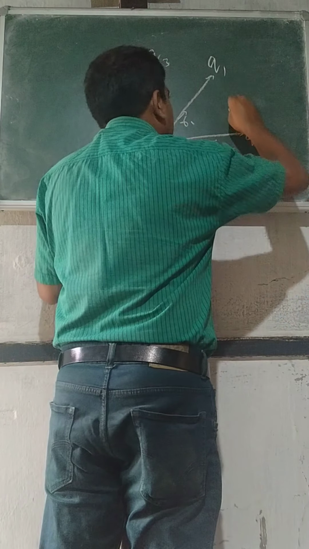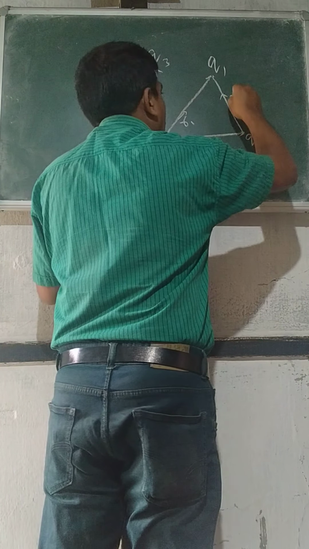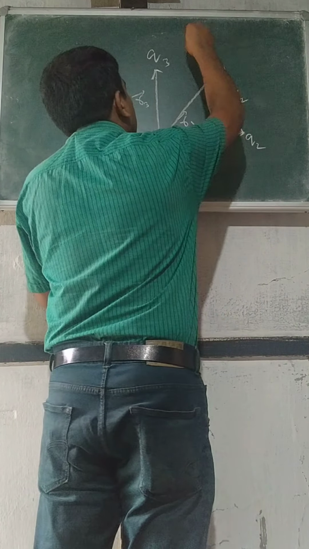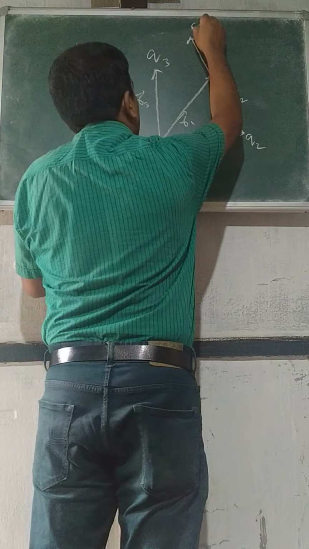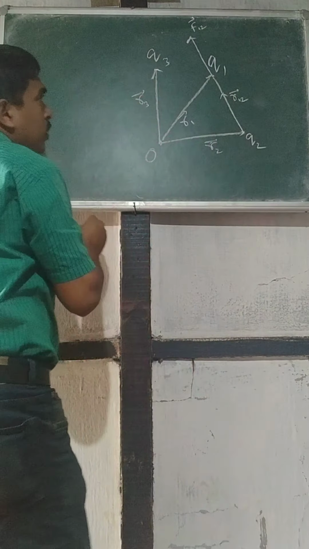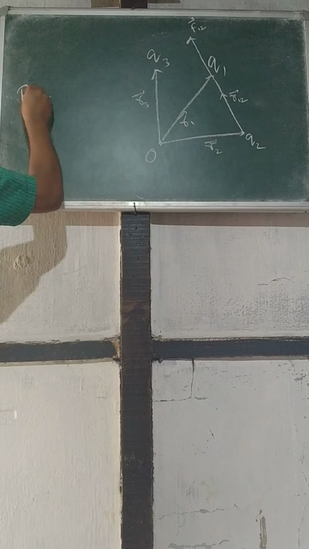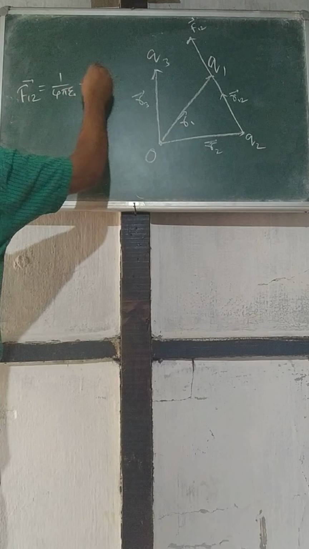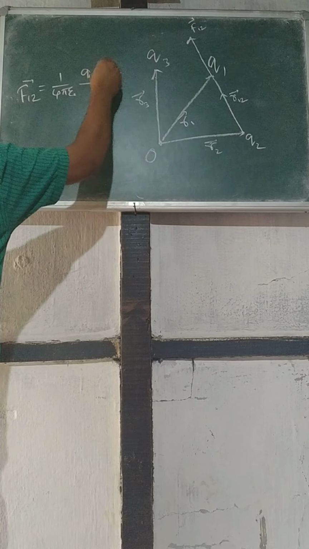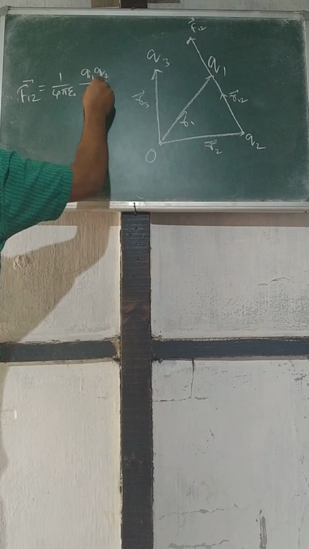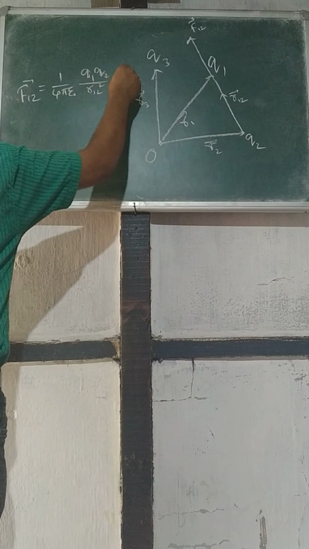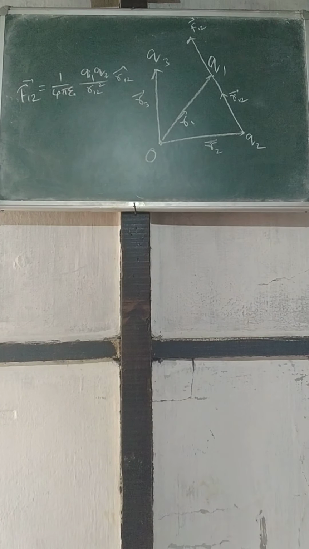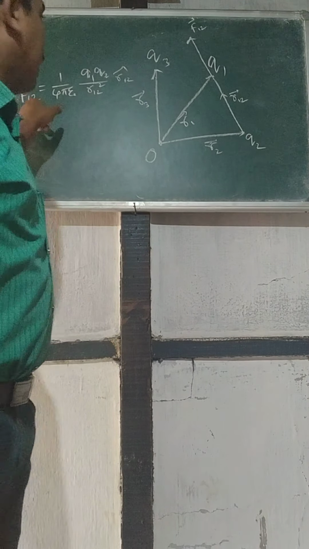Q1 and Q2 will give this direction R12. So the force will be this way, F12, and force F12 will be according to Coulomb's law, F12 equal to 1 by 4 pi epsilon naught Q1 Q2 by R12 square R12 cap. R12 cap means we are giving the vector form.